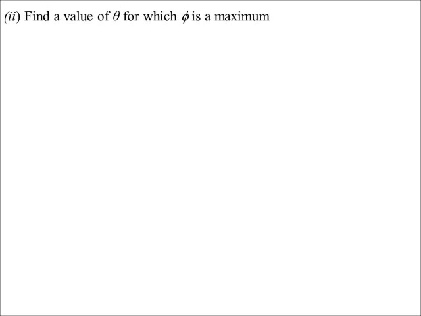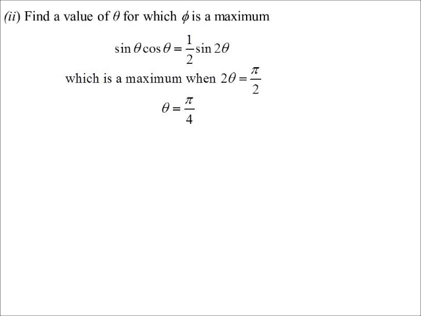But it's times sin theta cos theta. So basically, I want to know when sin theta cos theta is a maximum. Well, I know sin theta cos theta is a half sin 2 theta. And I think that'll make life a lot easier, because when is a half sin 2 theta a maximum? Pi on 2, but that would be 2 theta. We want to know theta, so it'll be pi on 4. Pi on 4.